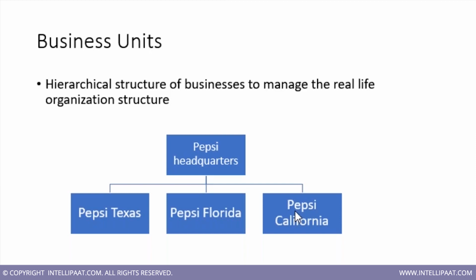So we mimic that. These three units behave independently. They have their own material, create their own campaigns, target customers, and get data relevant to them, for example local Texas data or Florida data. So all the functions they perform in Salesforce Marketing Cloud are individual to them.